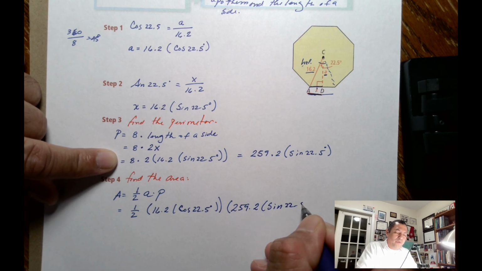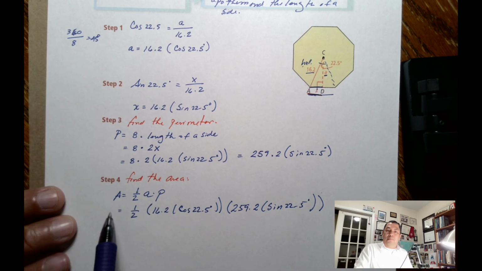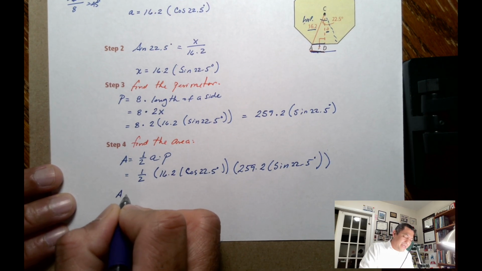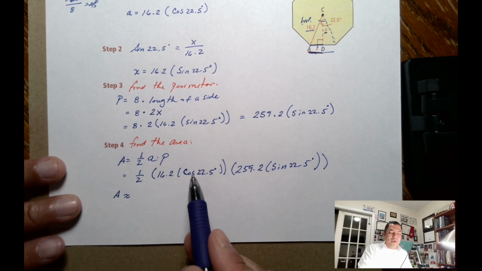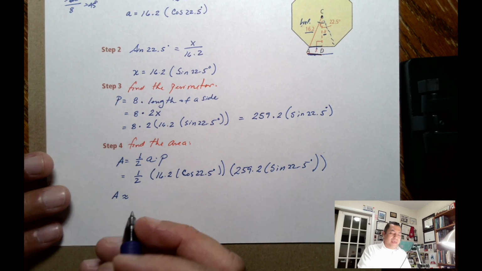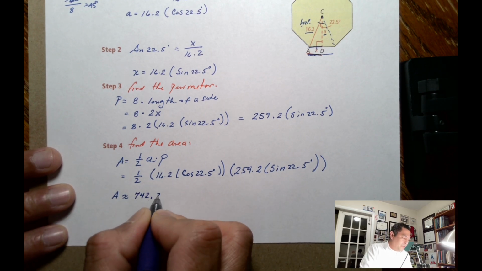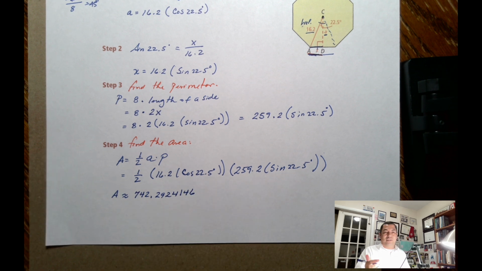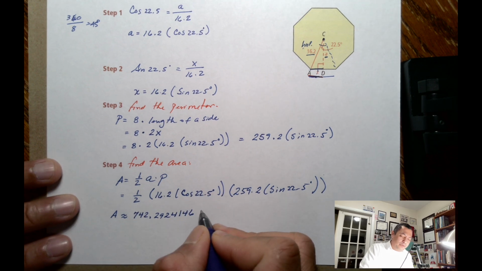sine of 22.5 degrees. And in this case, what we're going to do is multiply everything, plug it in the calculator, so the area is approximately equal to 1/2 times 16.2 times cosine of 22.5 times 259.2 times sine of 22.5, and all this one, if you plug it in the calculator, is 742.2924146. Those are decimals, and the units in this case are inches squared.